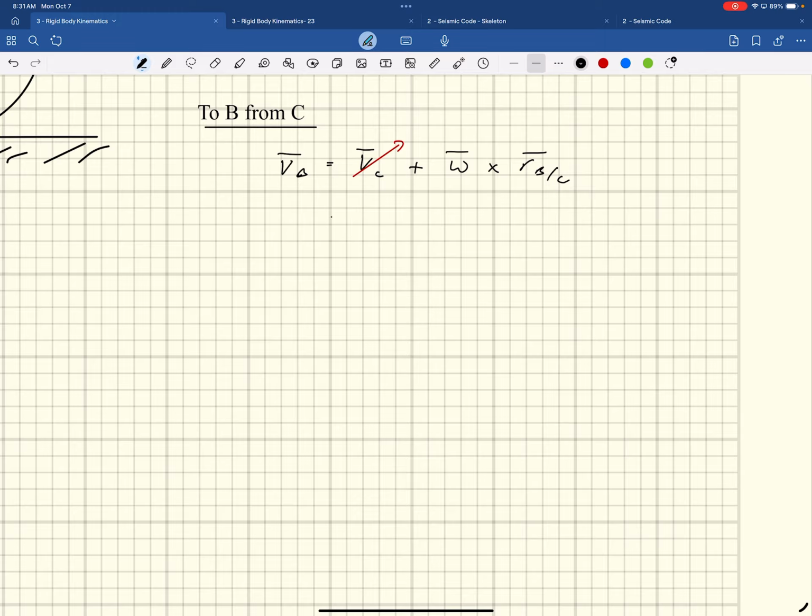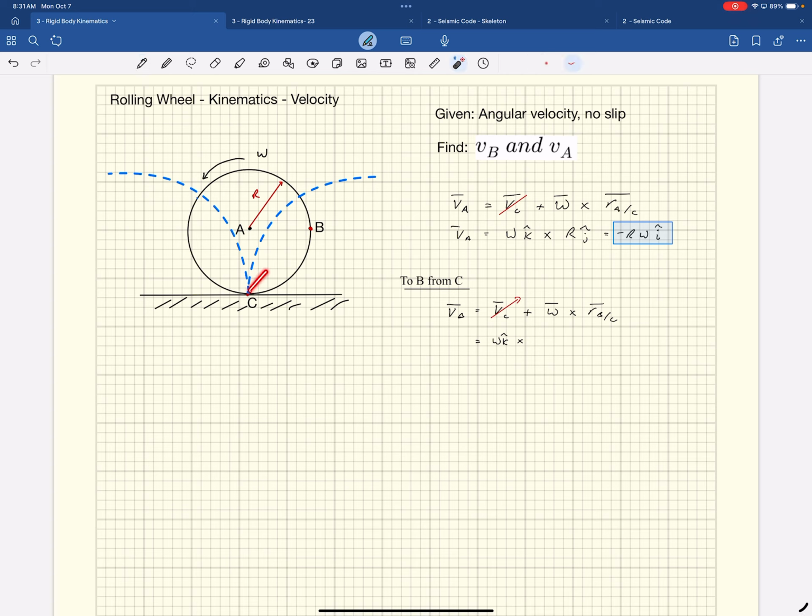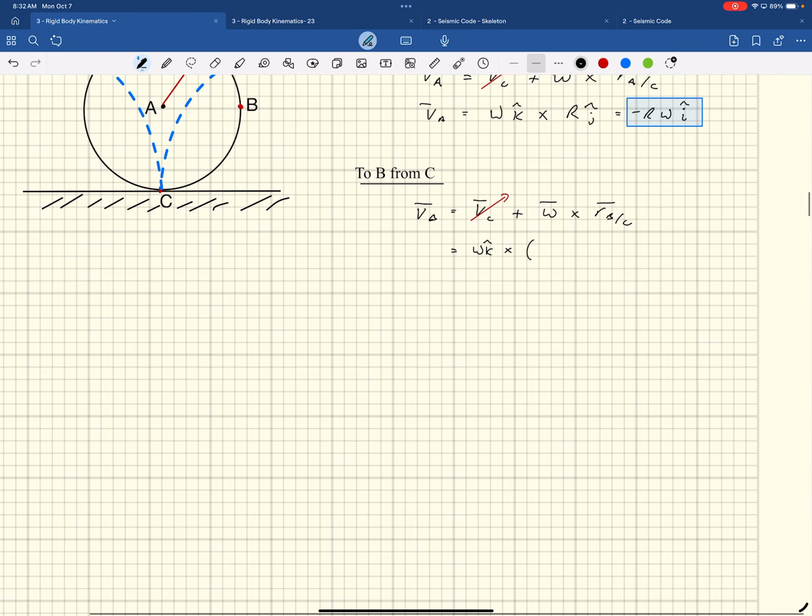So this is equal to omega in the K direction crossed with RB as seen from C. RB as seen from C is this guy, and so that's going to be over R and up R, both of those. So that'll be crossed with R in the I plus R in the J.